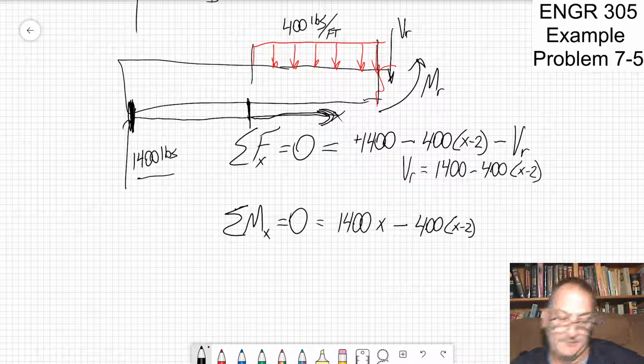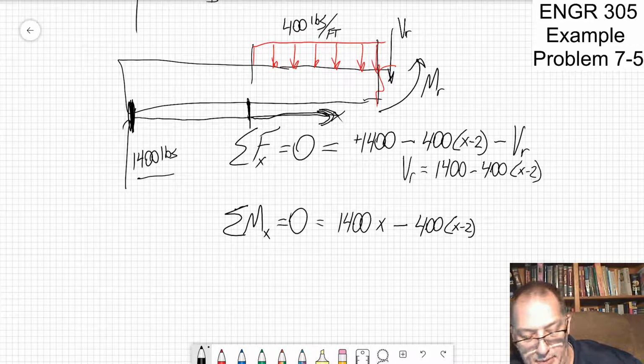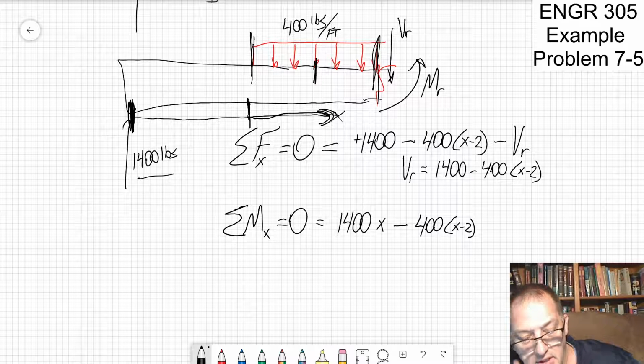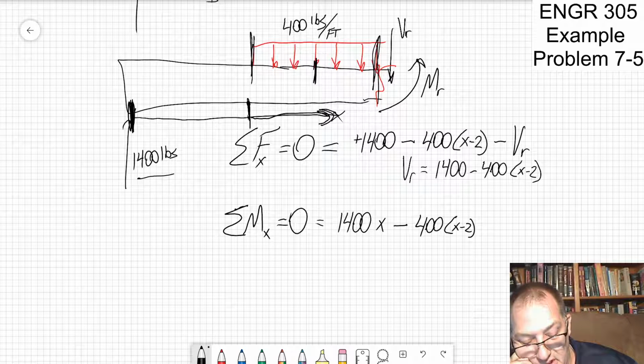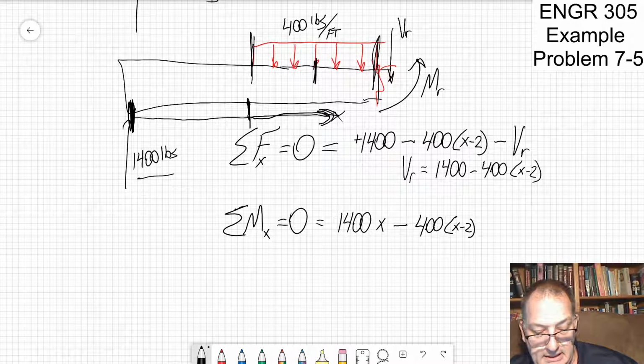And then how far away does that push? Whatever this distance is, it pushes halfway. So that's going to be x minus 2 over 2. Do I have to add to the 2 there? I have to think about that. No, the distance that I'm going to push is there. X minus 2 over 2.